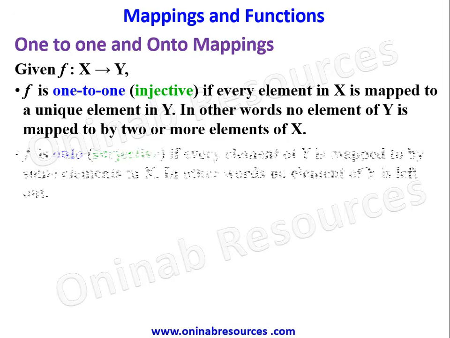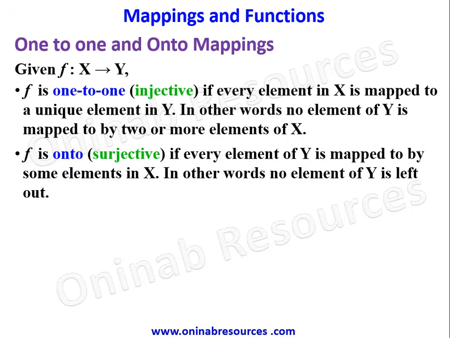Also f is onto or surjective mapping if every element of Y is mapped to by some element in X. In other words, no element of Y is left out. So in this case, the codomain is equal to the range.